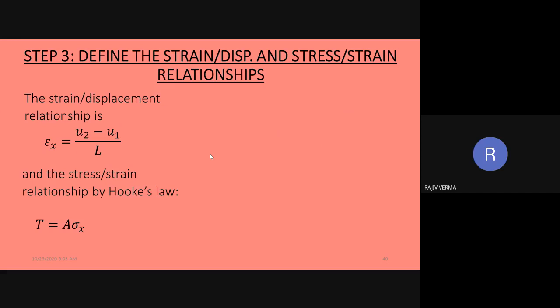And obviously, stress when multiplied by cross-section area gives you the tensile force acting on the member. So manipulating these two equations, you get a relationship between tensile loading and the deformation of the bar.